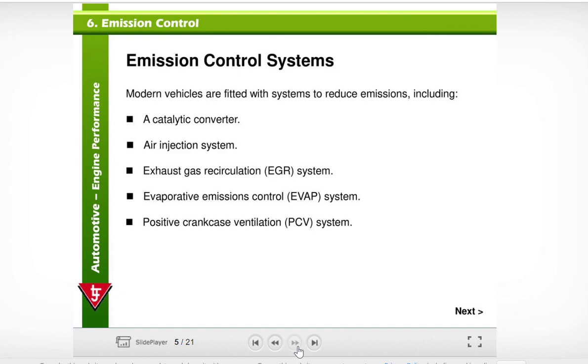Emissions are what are driving every car manufacturer to create a more efficient engine. So engines are growing smaller and more powerful, with more electronic engine management systems geared towards adjusting the combustion process.